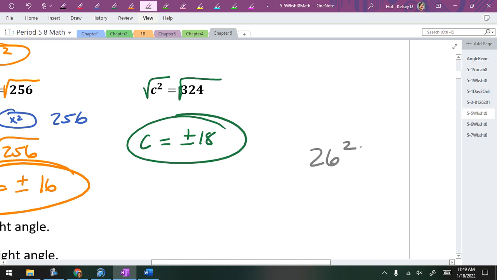When you take 26 squared, what do you guys get? 676? If you didn't get 676, do it again. Note the difference of squared versus square root. Okay. Everybody good so far?